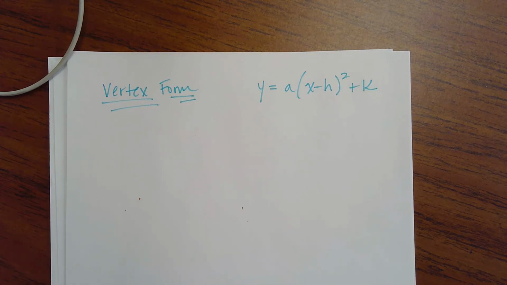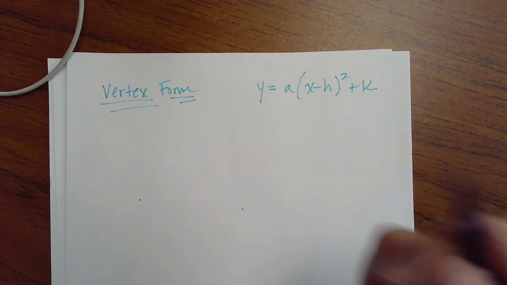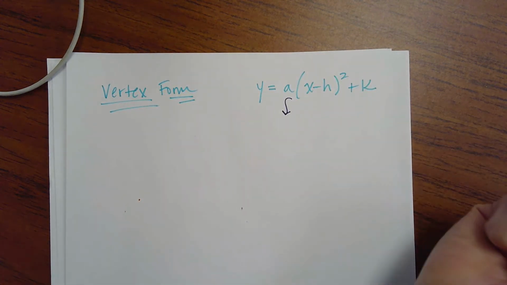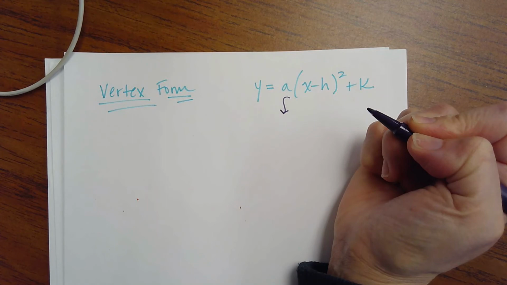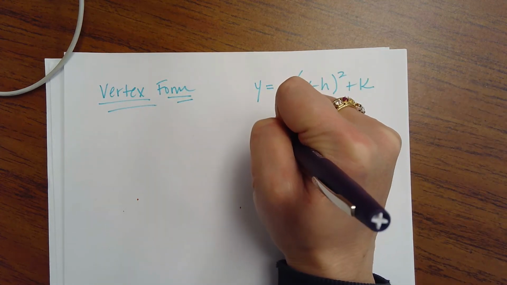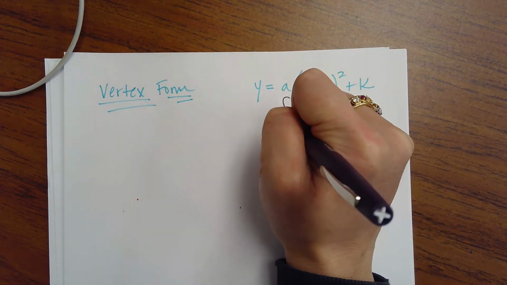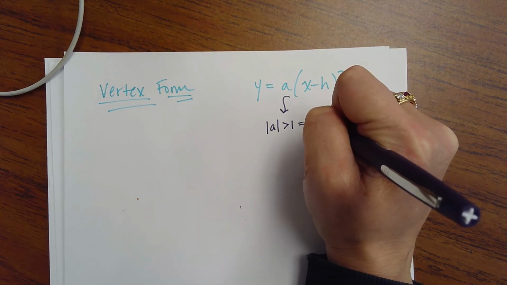Now we're going to look at what all these different letters play a part in our overall graph. First of all, this a value controls if it's a vertical stretch or a vertical shrink. If the absolute value of a, so we're not looking at the sign, is greater than 1, this equals a vertical stretch.